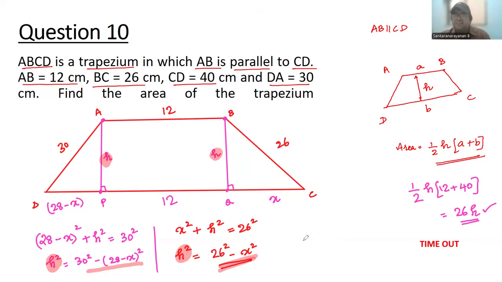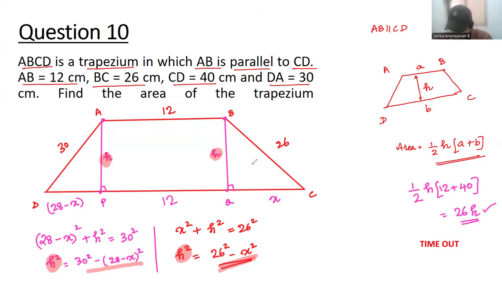I can connect them. Got it? And that will get me the value associated with that X. And once I get the value for X, I can easily find out the value associated with that H. You got it? So that way when I am doing it, I can now see the value for that H.